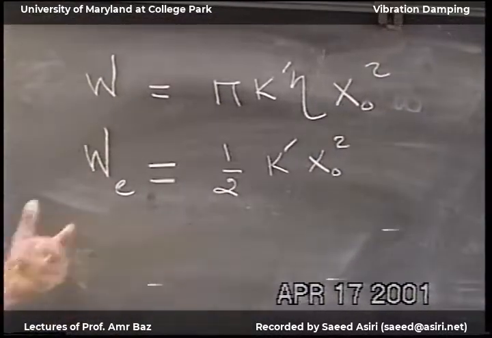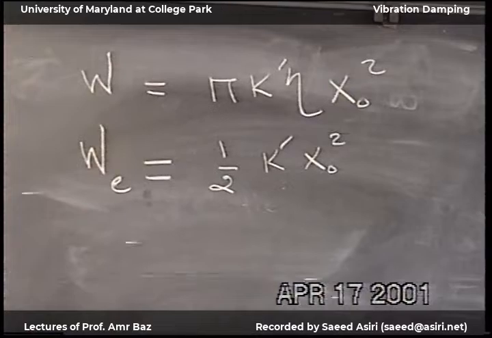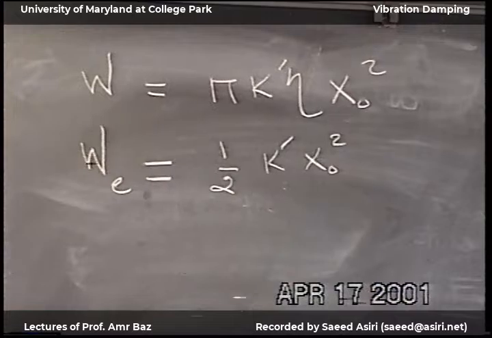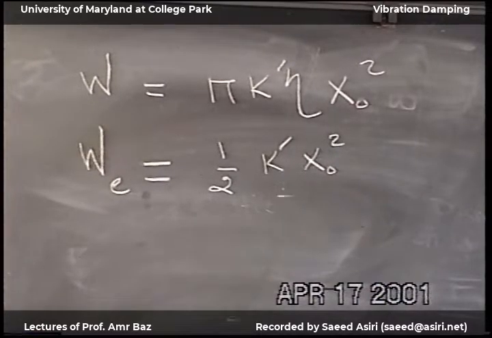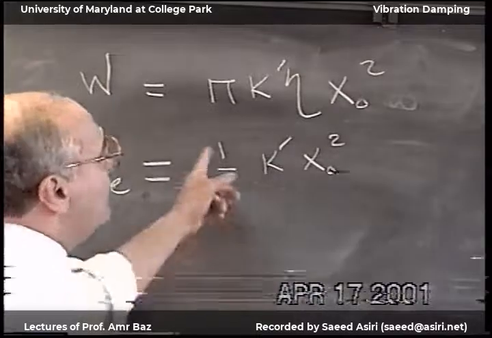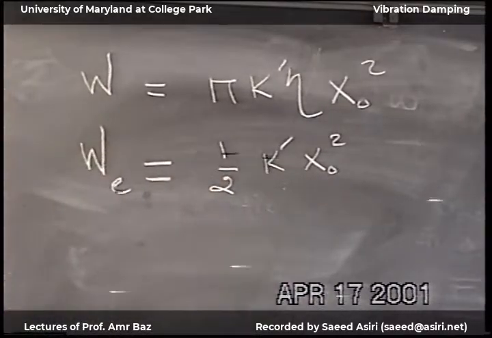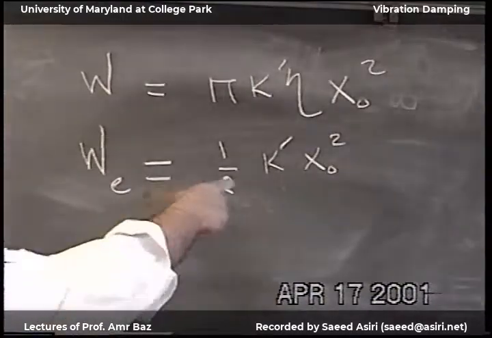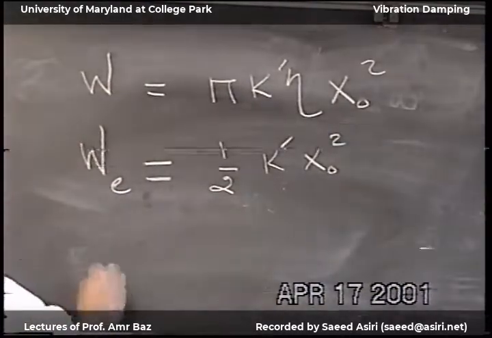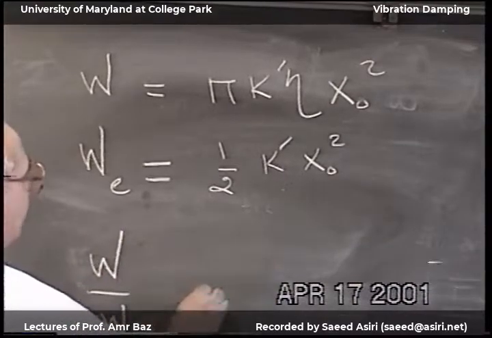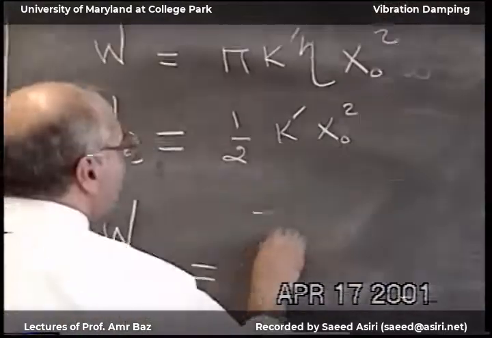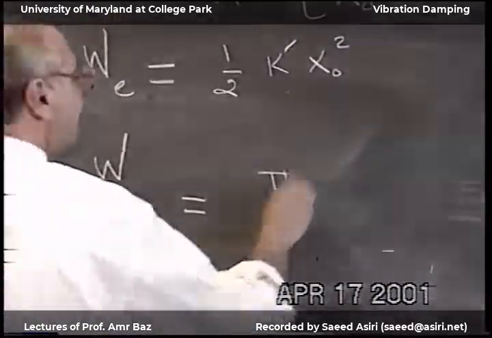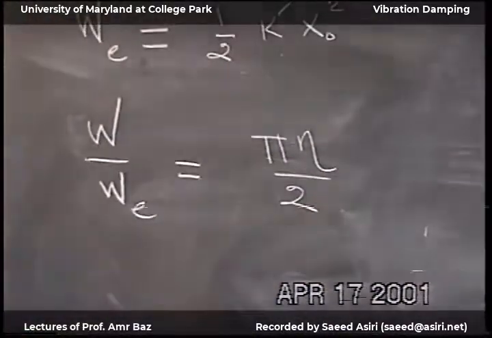Now I want to get this in a cycle. So we'll do the same, and then WE is equal to pi x squared, and this will cancel over 2.